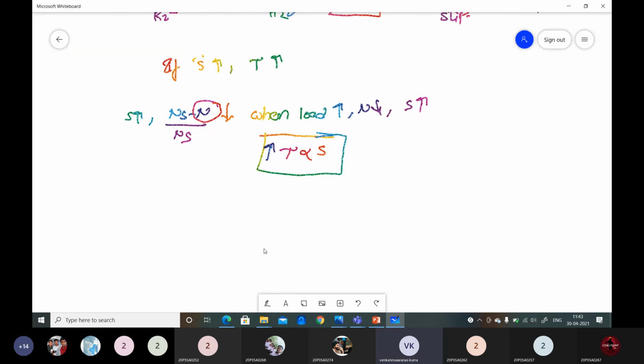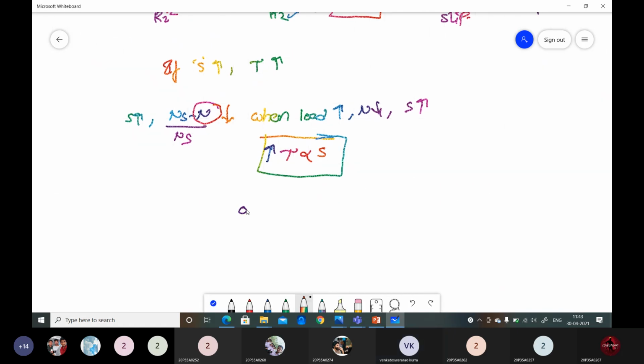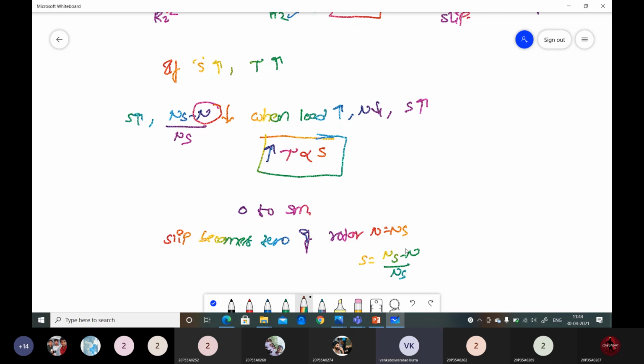So this is at lower values of slip, that is from 0 to Sm. Slip becomes 0 if the rotor catches synchronous speed. As you know, the formula for slip is S equal to (Ns minus N) by Ns.